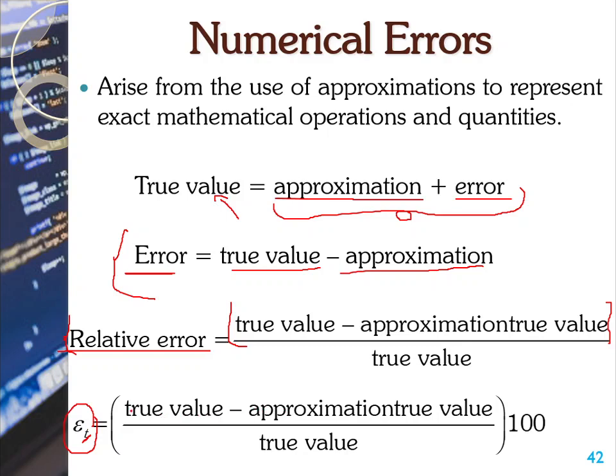So the error is obtained from the true value minus the approximated value. Please forget this true here, just copy and paste. So it's just the approximated value all over the true value. Anytime we have this case, we always base on the true value, we subtract the approximation from it, all over the true value.